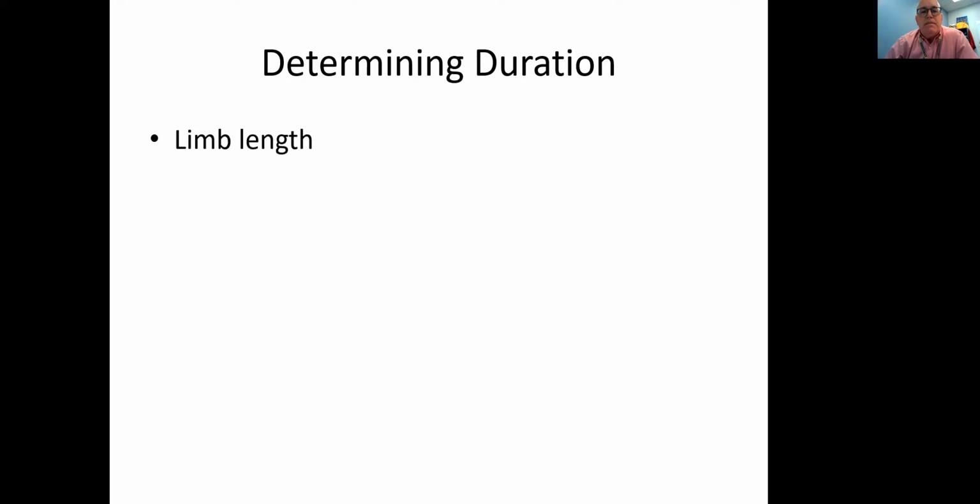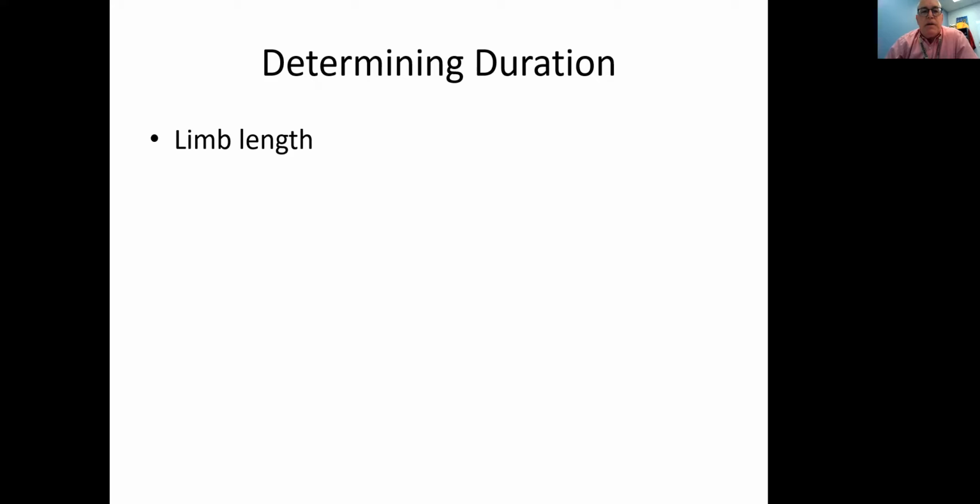So limb length is important, especially in the lower extremities, because you have growth plates about the knee. The knee is the one that affects limb length the most. The joint is going to tend to grow longer on that side because of increased blood flow, angiogenesis, and you see that relatively quickly.